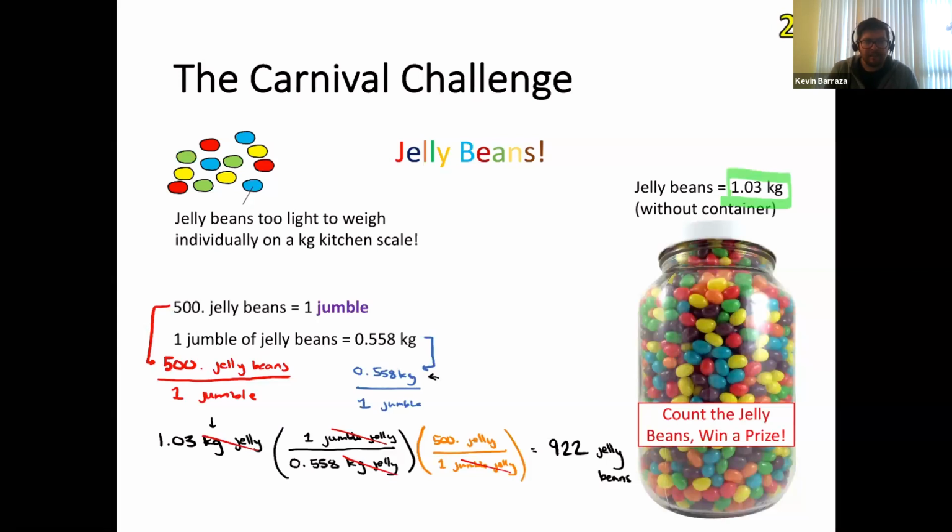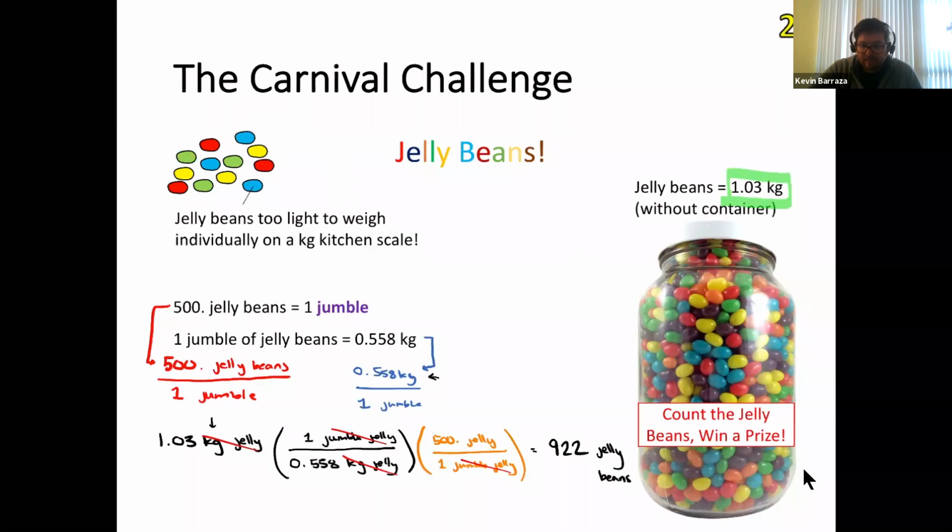It's the idea that by connecting some measurement that I have limited ability to observe to something that I have a better ability to measure, we get our answer. In this scenario, I don't really have the ability to count jelly beans individually. It's too hard. So I connect it to something that I can measure easily: how much do jelly beans weigh?